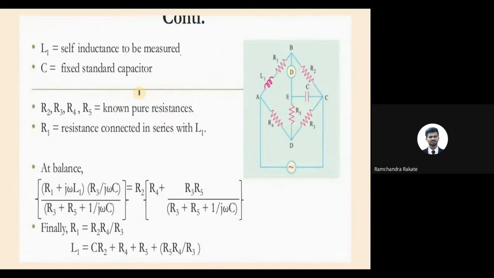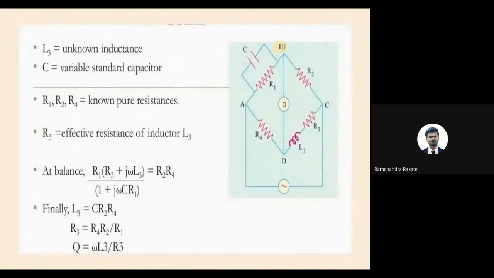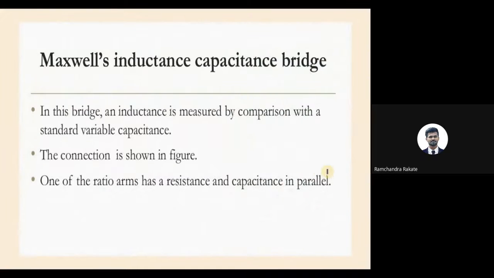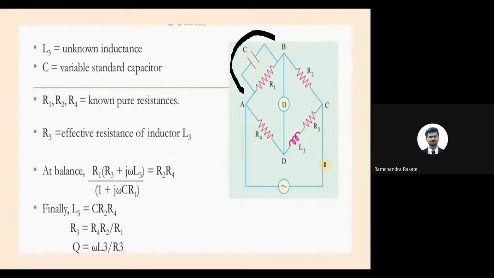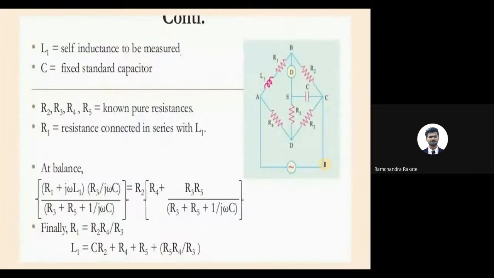What has he changed? If you remember, the basic difference between Anderson and the Maxwell inductance bridge is this: in Maxwell, the capacitance was in parallel. I have already highlighted this one, parallel. And if you look here, now it is in series.